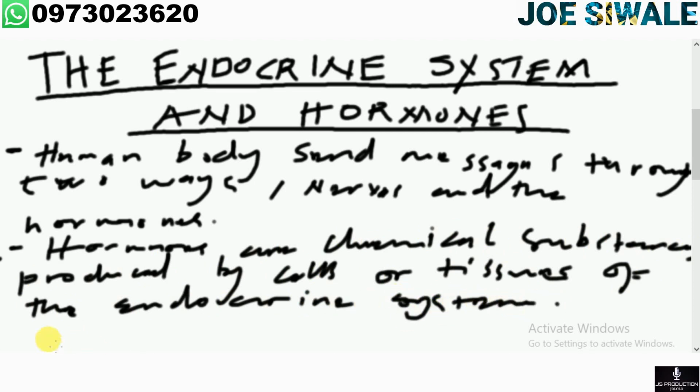Then after the hormones have performed their function to the target organ, they will be broken down by the body and they'll be excreted by the liver and the kidney.